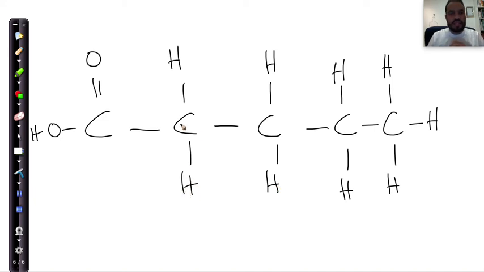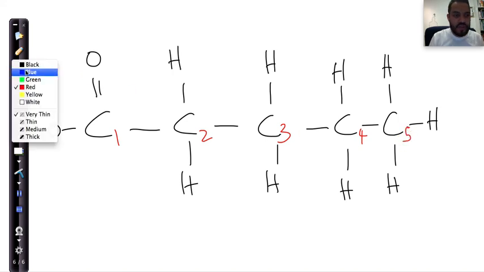So let's look at what we've got over here. Remember, number the carbon closest to your functional group. In this case, it doesn't matter too much because we'll always find the carbon double bond O bonded to H as the end of the molecule, or at least for our purposes, this will hold true.